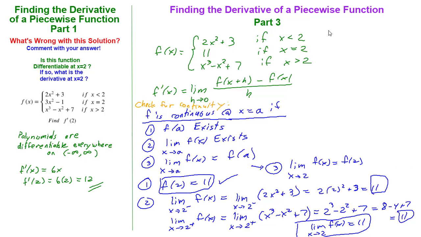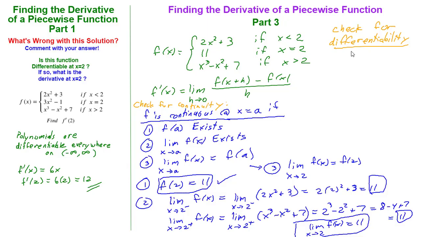So we also want to check for differentiability. To check for differentiability, we need to check the derivative from the left, which is going to be from x less than 2. And we need to check the derivative from the right, which is when x is greater than 2.